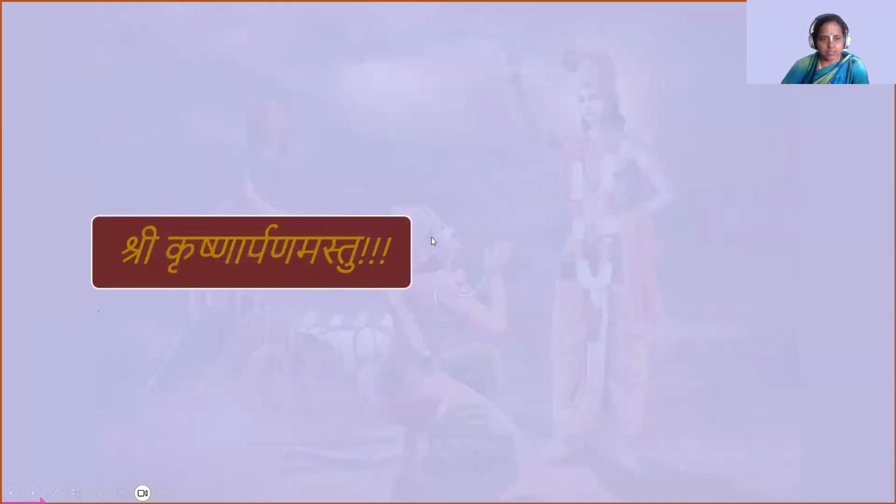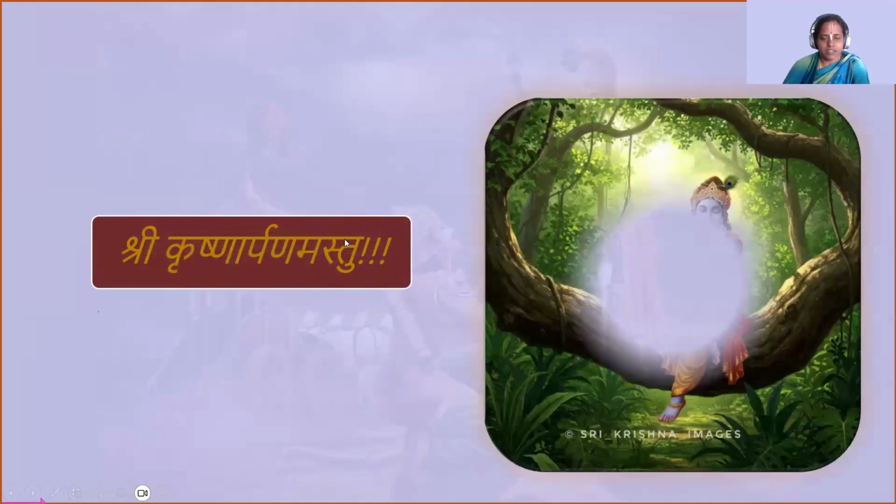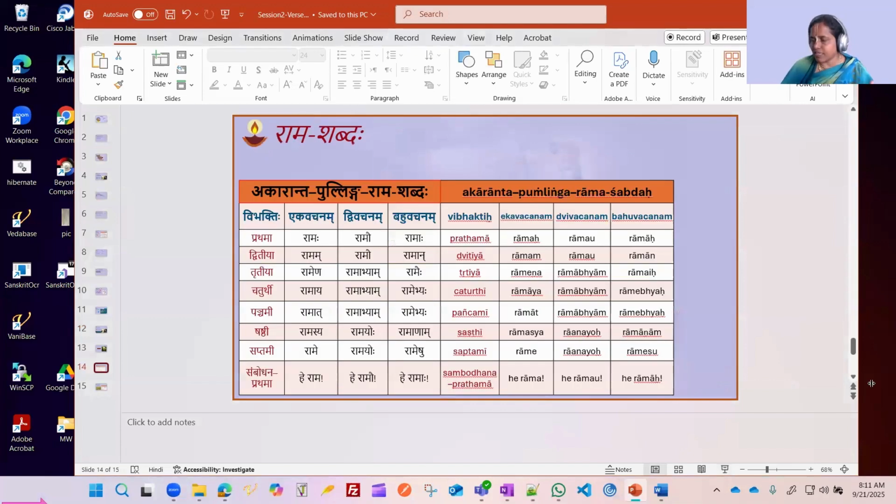So that's it, we will end today early. That's too much already that we studied. Shri Krishna Arpanamastu. As I said, we will not do every shloka like this, so don't get bogged down with all this. But you know now how much has to go in to understand a simple shloka, right?